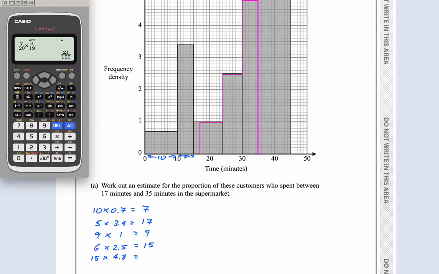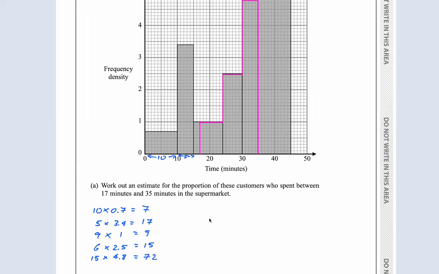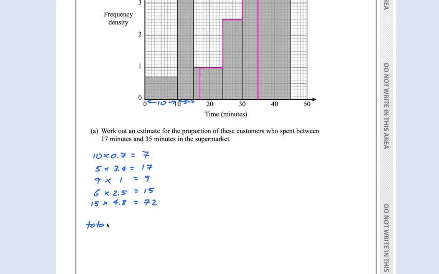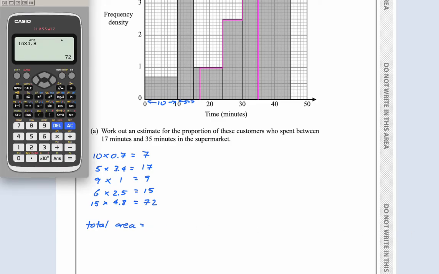I need to use my calculator. 15 times 4.8 is 72. Okay, so the total area equals 72 plus 15 plus 9 plus 17 plus 7, and that is 120. So the total area is 120.